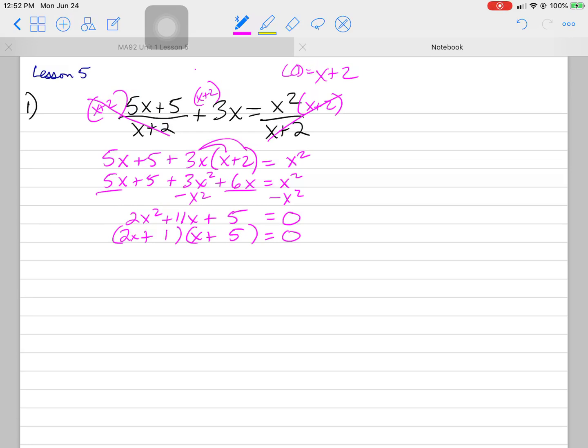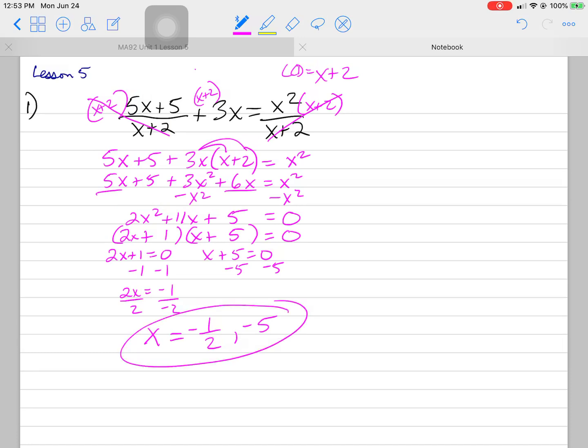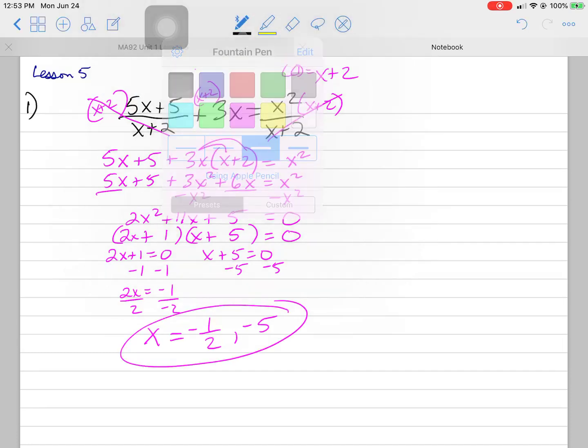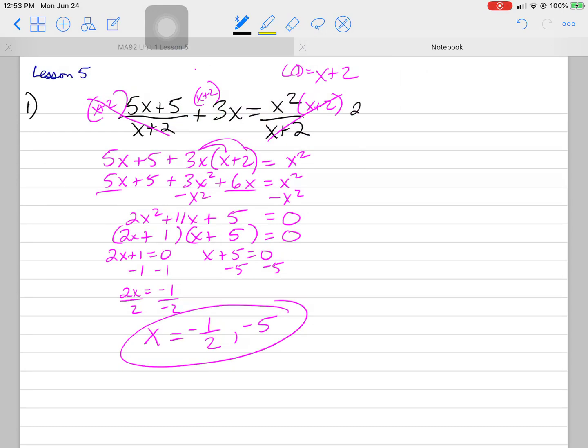Then the zero product rule says to set each factor equal to 0 and solve. So x equals -1/2 and -5 for number 1. Let's see if I can fit number 2 right here.